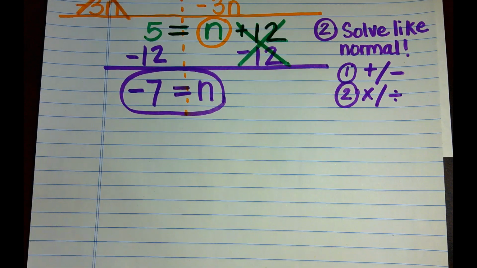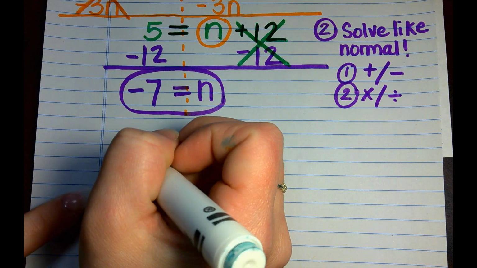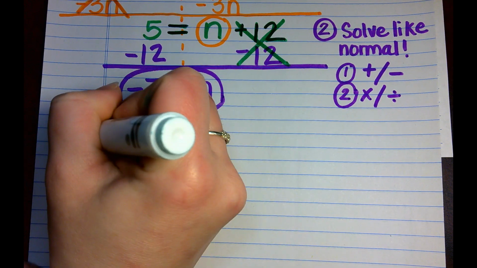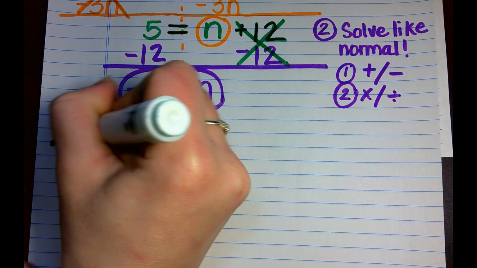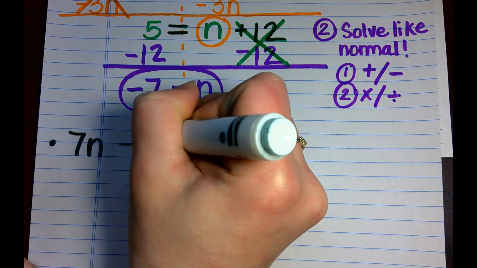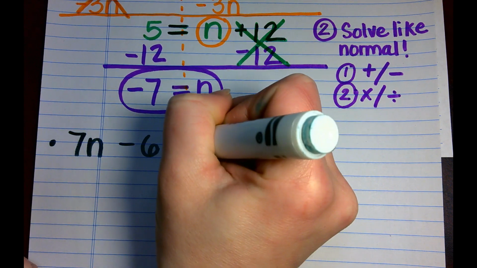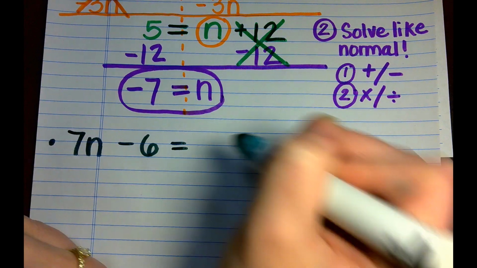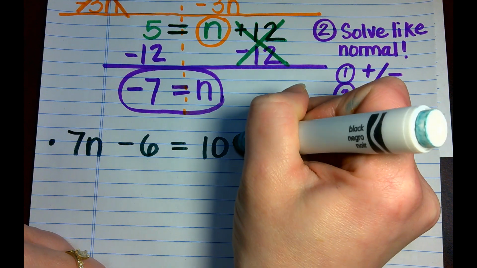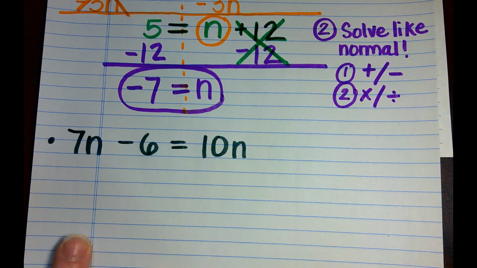Okay, let's do one more together. How about 7n minus 6 equals 10n. How about this?